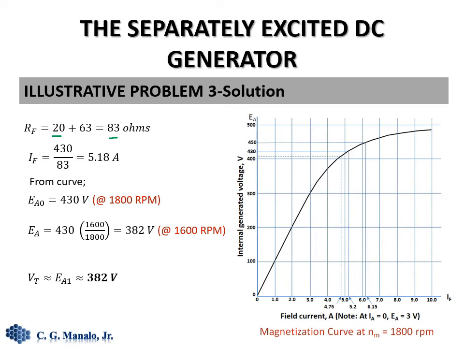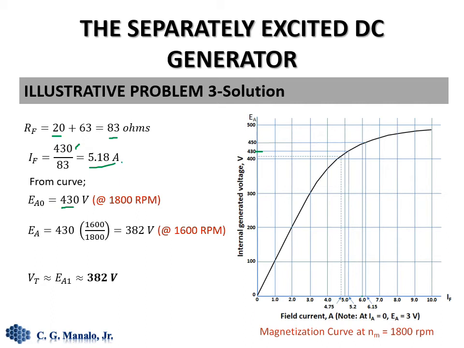Our field circuit is excited by 430 volts, so we get 5.18 amperes. From the magnetization curve, we look for 5.18. It is somewhere here. And we notice that we will get a voltage which is 430, which is here.